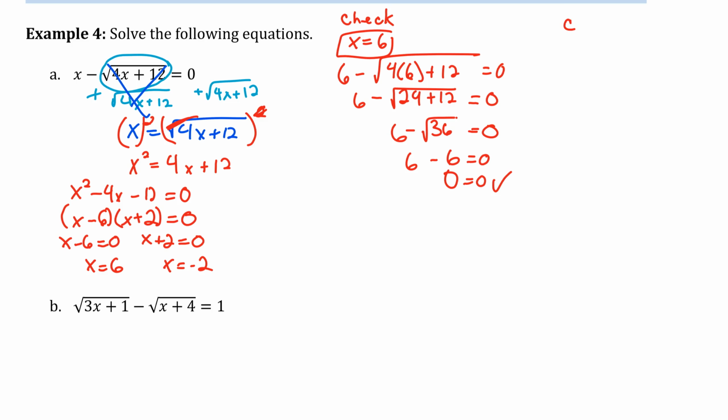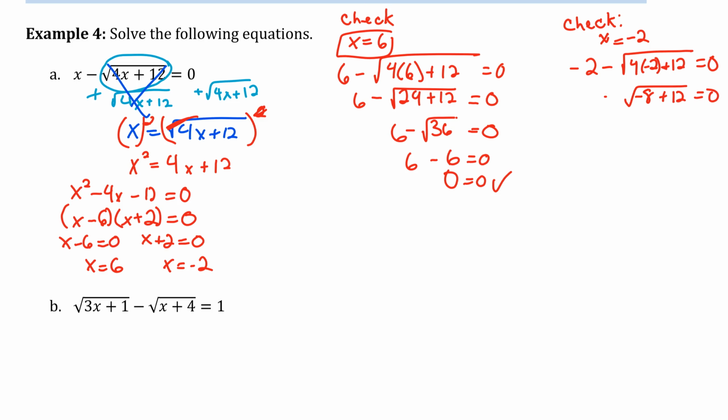Let's check, because sometimes they both may work, sometimes one, sometimes neither of them. Okay, so let's check x is equal to negative 2. So that's negative 2 minus the square root of 4 times negative 2 plus 12. Does that equal 0? So let's see here. 4 times negative 2 gives me negative 8 plus 12.